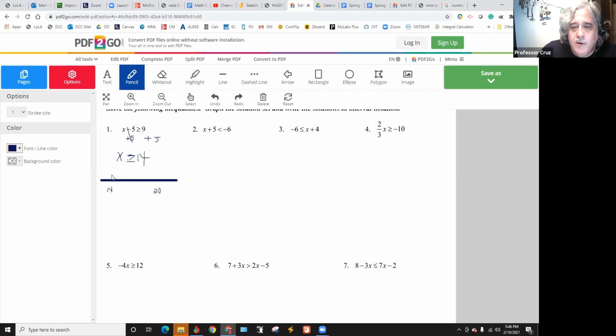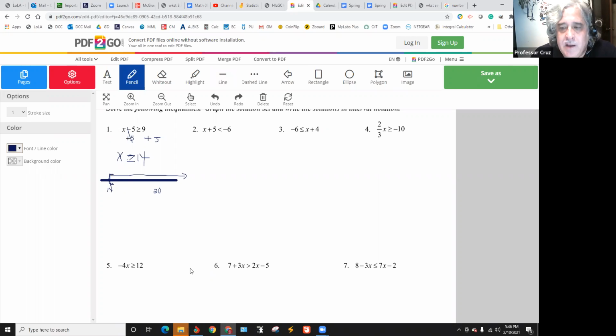Now, what I'm going to do here, you can put a circle there, that's fine. But if you do it this way, then you don't have to remember the different symbols for the interval notation. So that's a bracket. And then we're going to just make a line that goes out there and keeps going.